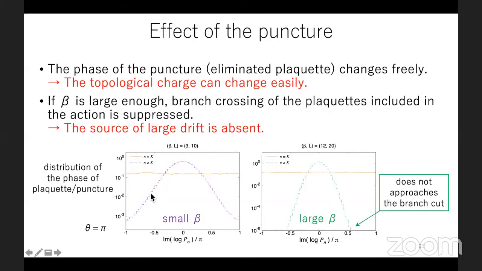On the other hand, the phase of the plaquettes included in the action is localized around 0. But for the small beta case, branch crossing happens, I mean, the phase approaches pi. For the large beta case, this distribution does not approach plus or minus pi, so branch crossing does not happen, and the source of the large drift term is absent.